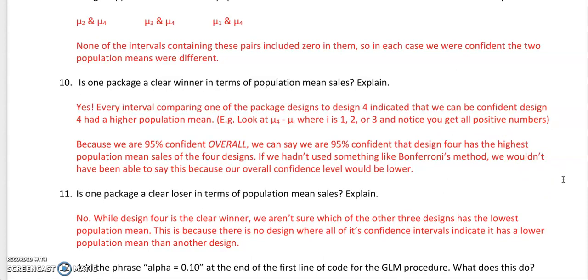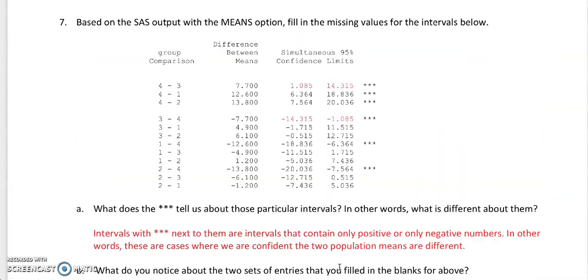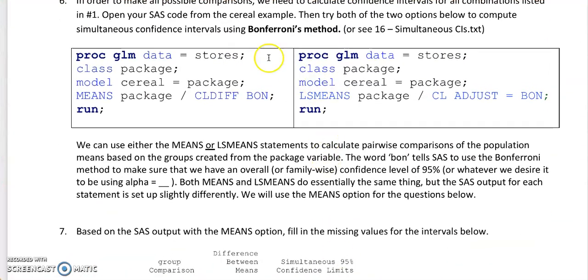We were simultaneously 95% confident in our intervals. We could do this for 90% simultaneous confidence, 99%, whatever it was that we wanted. If you add alpha equals 0.1 to the end of your first line of code, so if you go back up here and right after data equals stores, if I put alpha equals 0.1, this is how we changed our confidence level in the past.